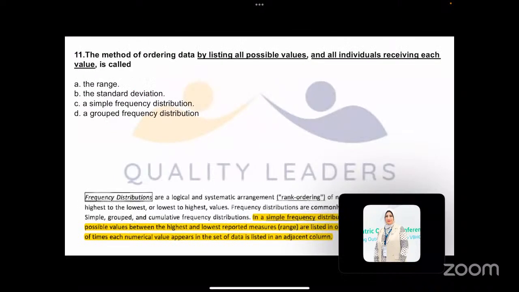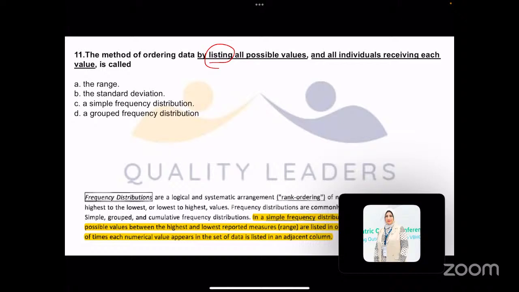Number 11, the method of ordering data by listing all possible values and all individuals receiving each value is called A, the range, B, the standard deviation, C, a simple frequency distribution, D, a grouped frequency distribution. So I make a listing of all possible values and count how many times they occur.